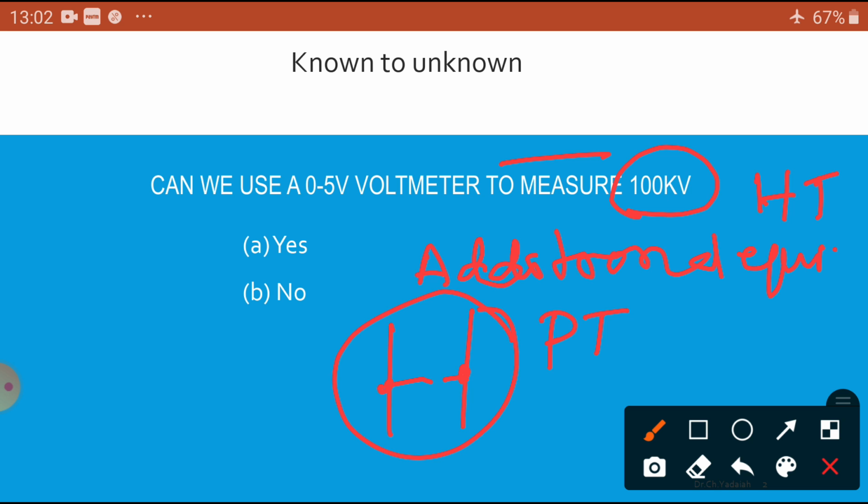But we can measure this voltage, whether it is 100 kV, 132 kV or 80 kV, with the help of a small voltmeter in addition to our instrument transformer. So this is a brief idea.